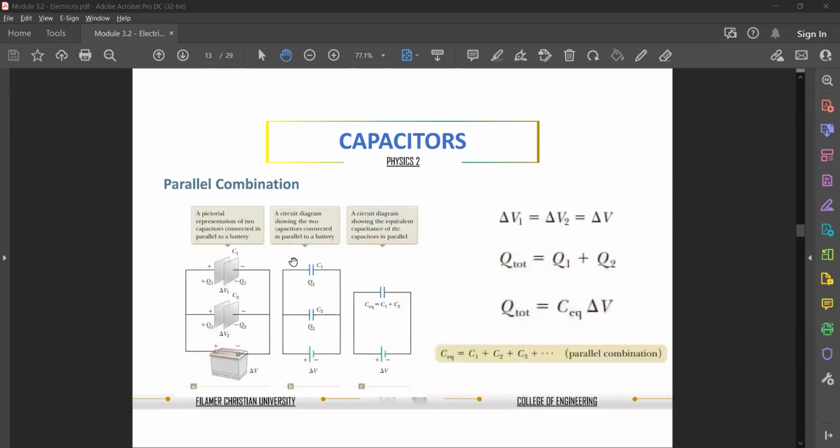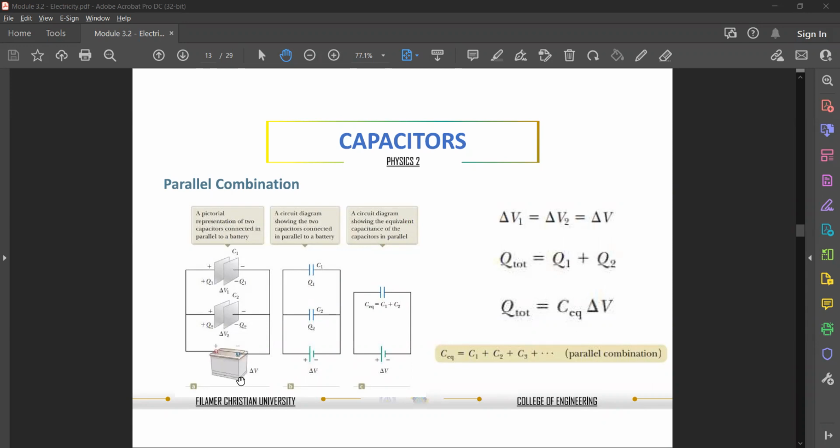So how to compute capacitance? Let's say we have a parallel combination of two capacitors. Here is the pictorial representation of two capacitors connected in parallel to a battery. This is your capacitor 1, and this is your capacitor 2, with the same polarity connected to a battery.